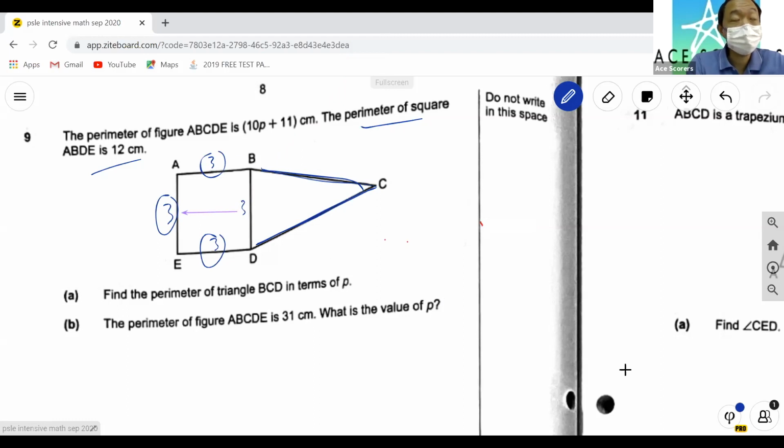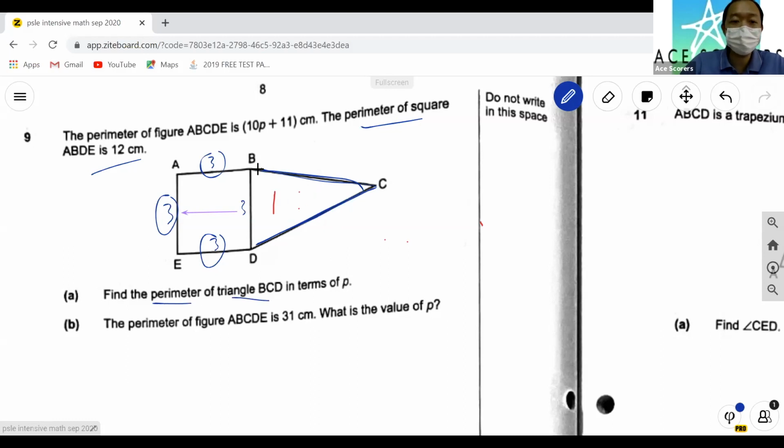Okay, one more time. You see the perimeter of figure ABCDE, this whole thing is 10p plus 11. The square here is 3, 3, 3, 3. Now they want to find the perimeter of triangle BCD.